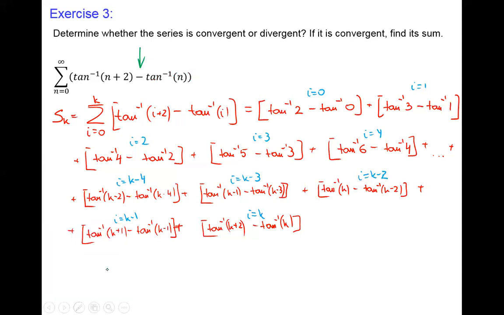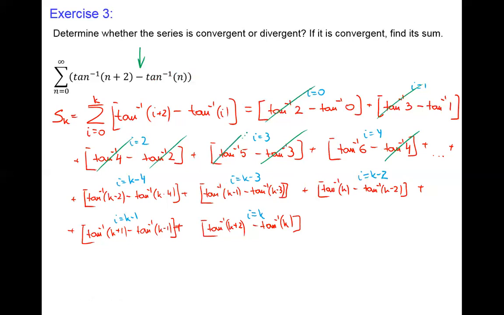It's a similar situation to the previous one because we do have every other term. That means what I see: positive inverse tangent at 2 and negative. I see positive inverse tangent at 3 and negative. And I see positive inverse tangent at 4 and negative. Of course, every other term. That means I can see my third term is cancelled completely. This means that I will keep cancelling all of the terms.